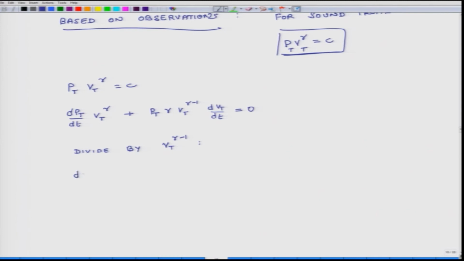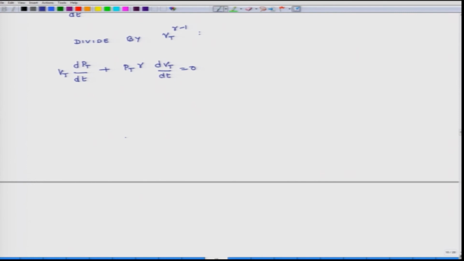So, what I get is dP(t)/dt times V(t) plus P(t) gamma dV(t)/dt equals 0. So, I can rearrange this and I can write it as dP(t)/dt equals minus gamma P(t) over V(t) times dV(t)/dt.